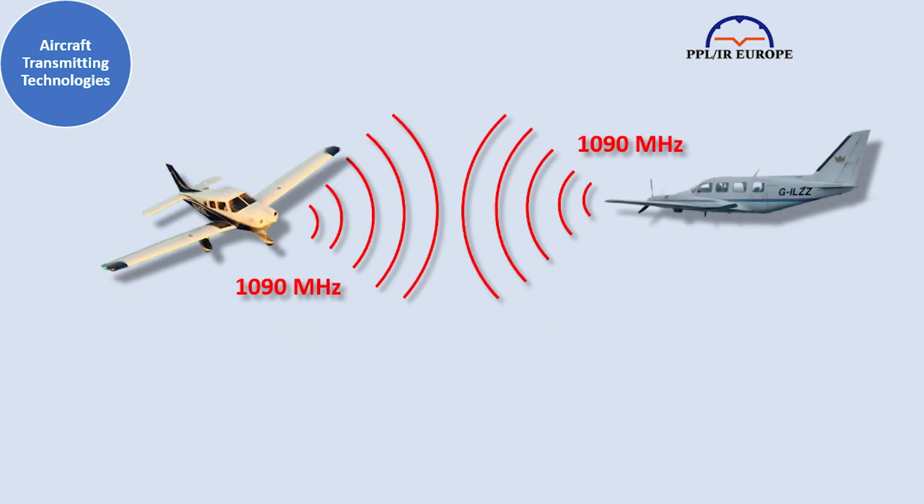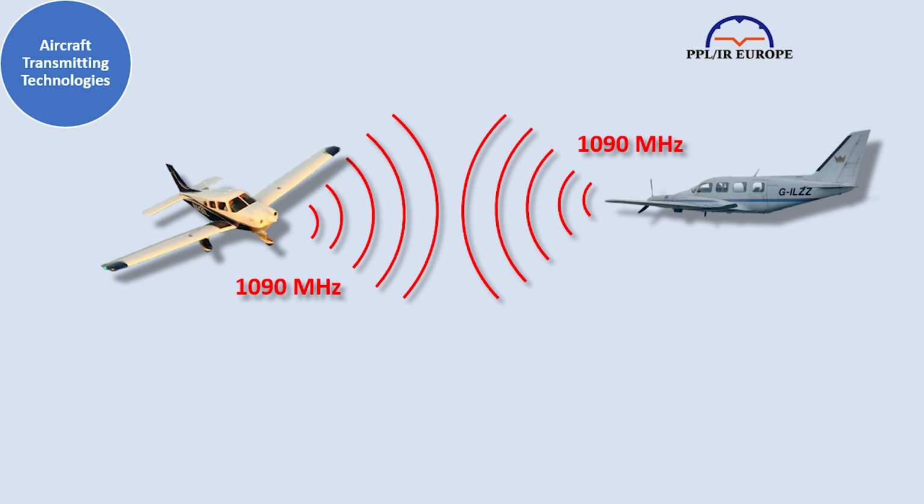Unlike Mode S, Extended Squitter data is broadcast regardless of whether the transponder is being interrogated, so it can be picked up by compatible receivers in other aircraft and on the ground. This makes it particularly useful when out of range or below radar coverage.